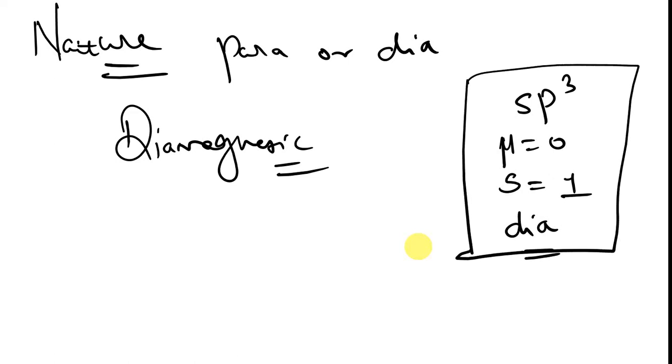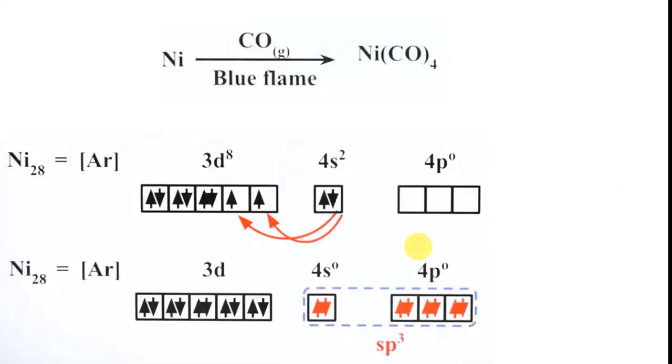So let me tell you in a systematic method. Now what happens? Nickel burns in the blue flame to give nickel tetracarbonyl. So the general electronic configuration is 3d8, in the sense 1, 2, 3, 4, 5, 6, 7, 8, and these two will be half filled. When the carbonyl approaches, it forces these electrons to get paired up here.